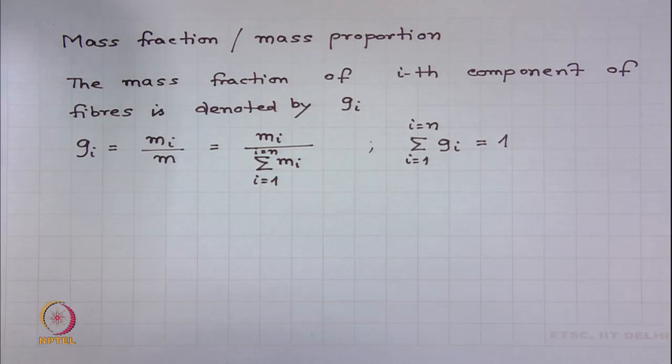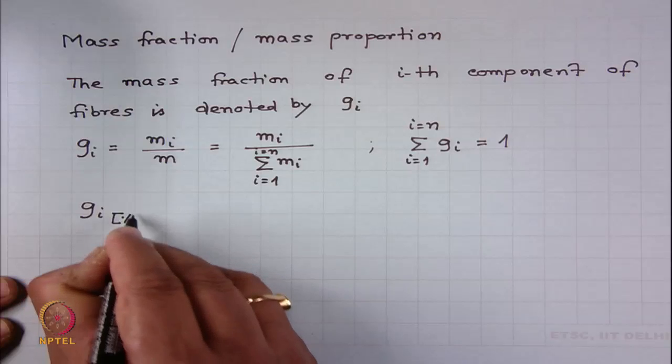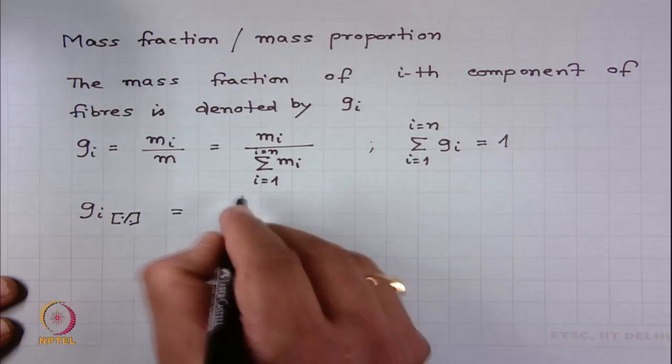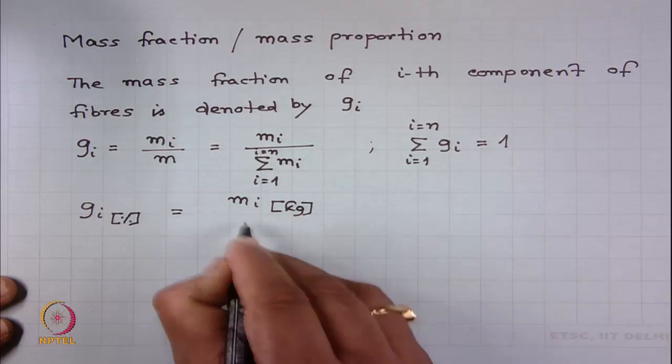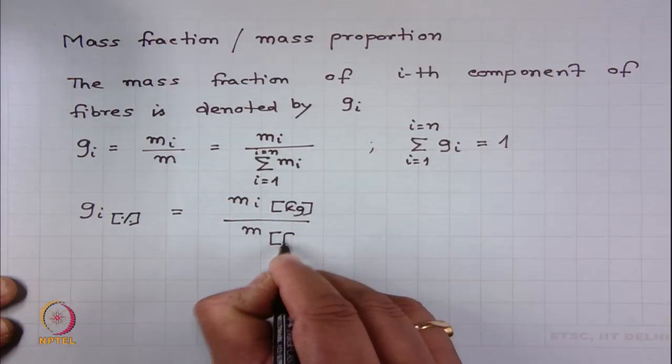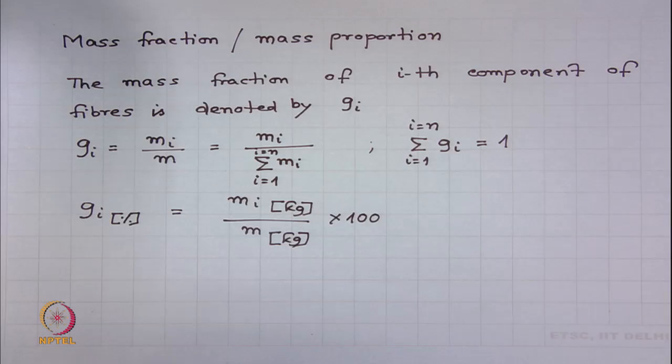Often in textile industries we mix fibers in terms of mass fraction or mass proportion. Also it can be expressed as percentage, say for example G subscript I when we wish to express it in terms of percentage, then this is your kg, this is also kg, multiplied by 100. So, in textile industry we sometimes hear 67% cotton fibers and 33% polyester fibers are mixed.